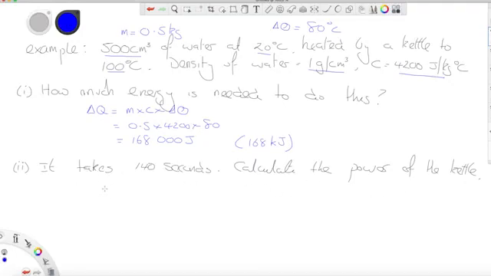Well, of course, you know your equation is power is energy divided by time, which is 168,000 divided by 140. And that gives you 1,200 watts.